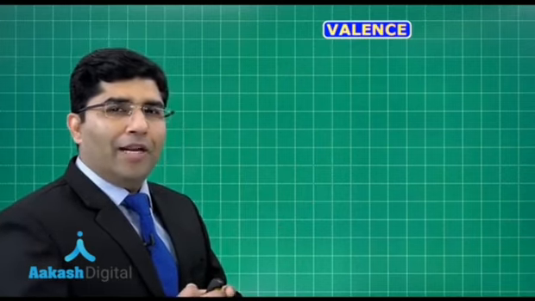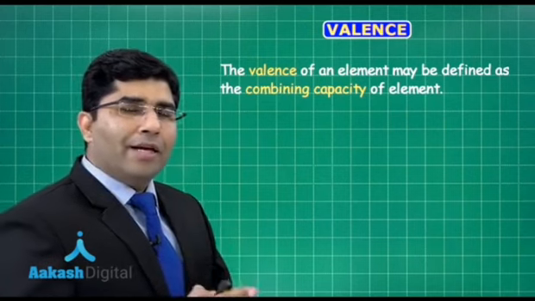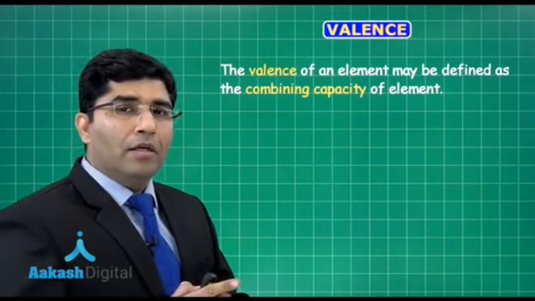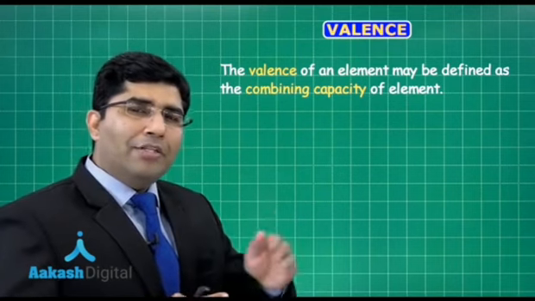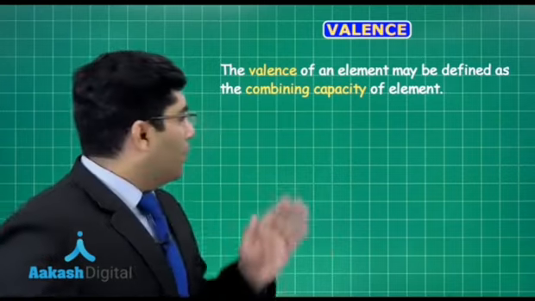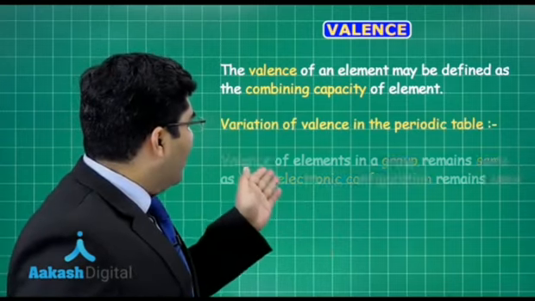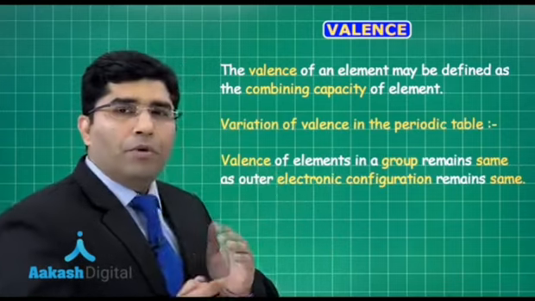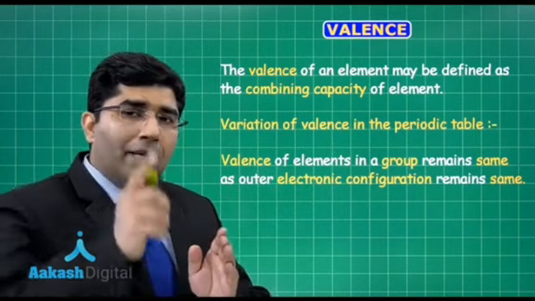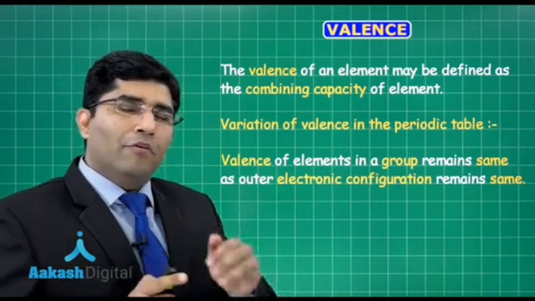Now, valency is the combining capacity of an element. Now, we have to see how valency changes down the group and across the period. First of all, let's see the variation down the group. Down the group, the outermost electronic configuration remains same. That means valency will also remain same.